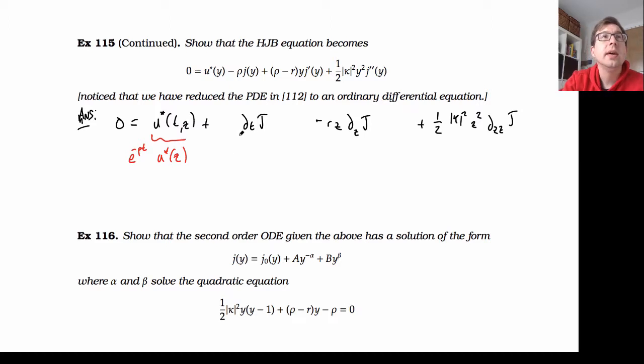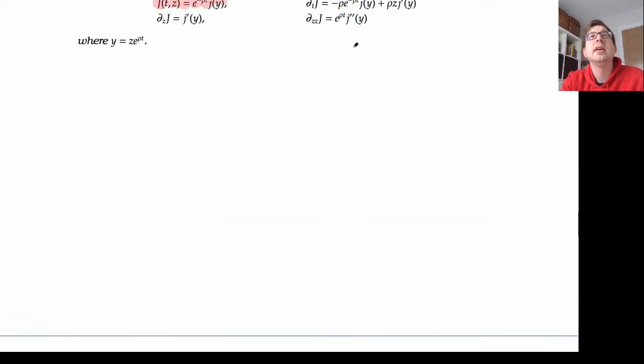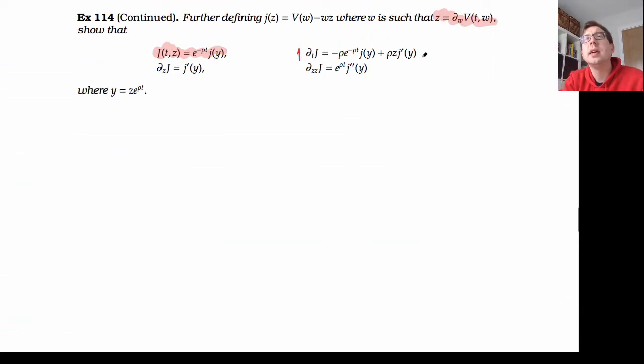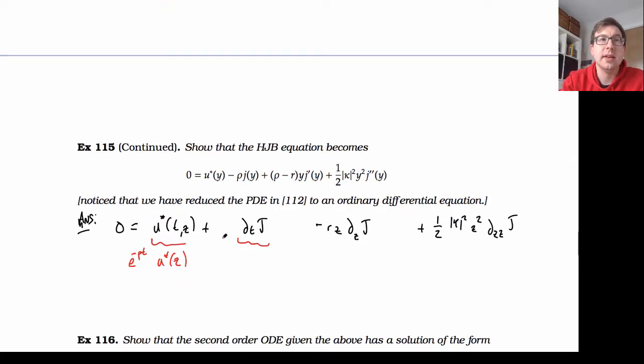And here I can substitute in the partial derivatives from above. In particular, I'm going to end up with this being equal to minus rho e to the minus rho of t j of y plus rho e to the minus rho of t y j dash of y, the derivative of that.